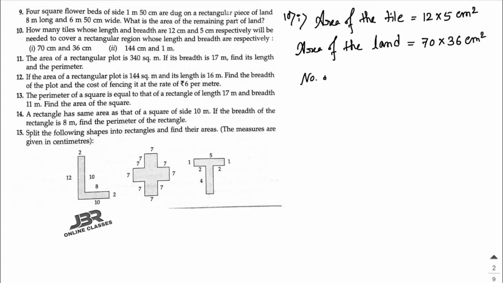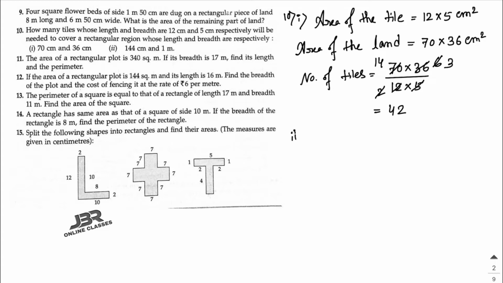So the number of tiles is equal to the area of the land divided by the area of the tile. If you divide 70 by 5, that is equal to 14. Clear? Now 6 6 are 36, 6 2, then 3, so 14 into 3 is 42. That is your first answer.